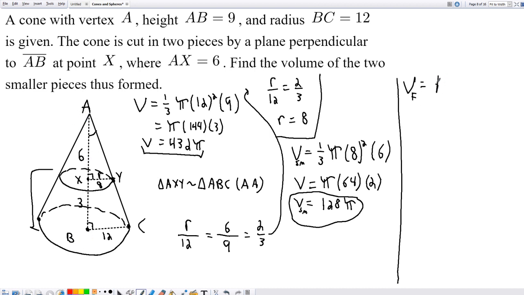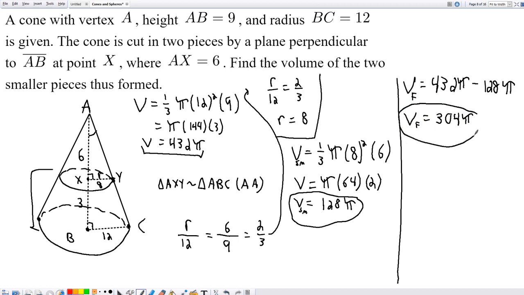So 432 pi minus 128 pi. Doing that subtraction, 432 minus 128 gets us that the volume of the frustum is 304 pi.